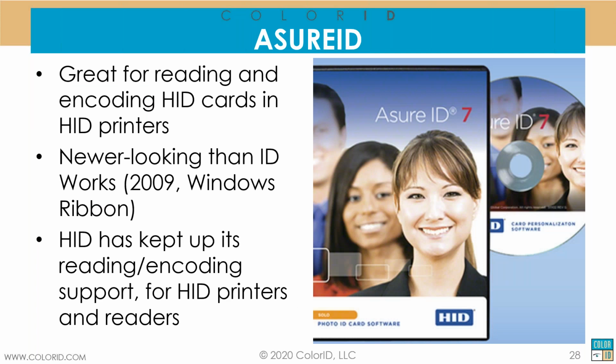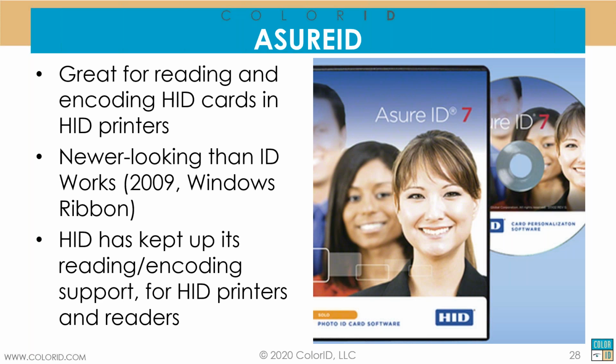For those schools that are trying to do something with HID cards, read them in the printer, or especially if you want to encode an HID card beyond proxes, especially iClass, iClass SC, CIAS, it certainly makes your life a lot easier, if not even possible, to use AssureID. AssureID is also not a new product.